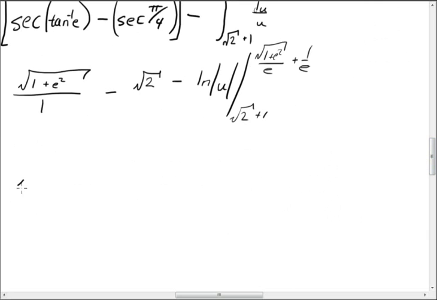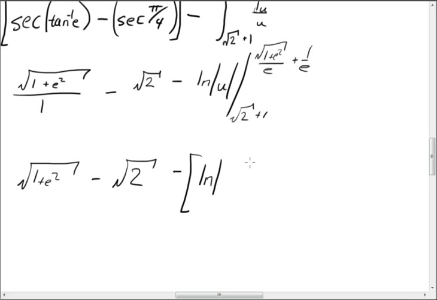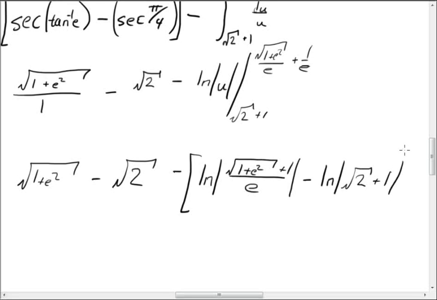So, square root 1 plus e squared minus, we're on the home stretch, square root 2 minus natural log of the absolute value of square root of 1 plus e squared plus 1 over e, minus natural log of square root 2 plus 1.